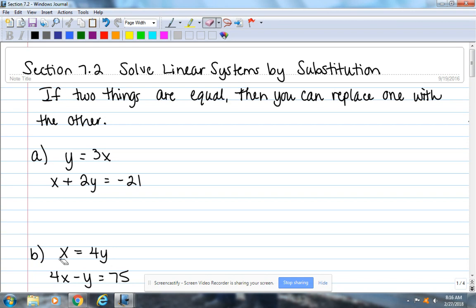So we're going to use substitution. Now, substitution means you can replace something with something else it's equal to. For example, if I'm at a ball game and I want to buy a Snickers bar because, come on, Snickers are great. And I don't have a dollar bill in my pocket, but I have 4 quarters. Can I still buy my Snickers bar? Yeah.